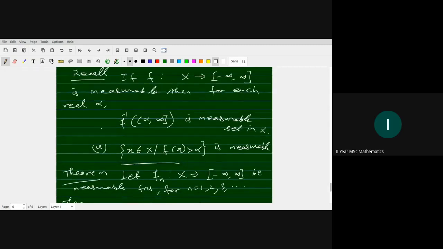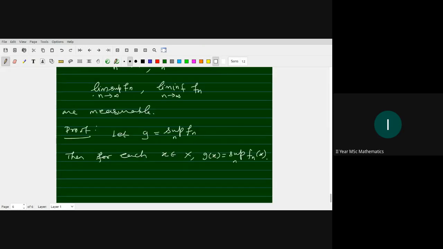Recall the result that the other way is also true: f is measurable if and only if for each real alpha, f inverse of (alpha, infinity) is measurable. So I am going to prove that.